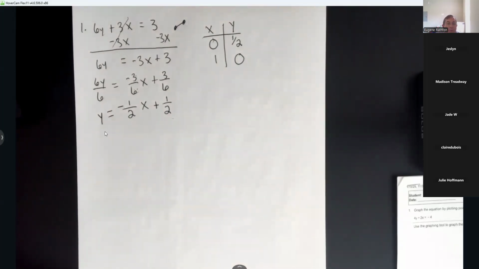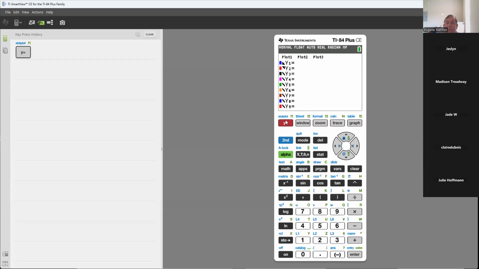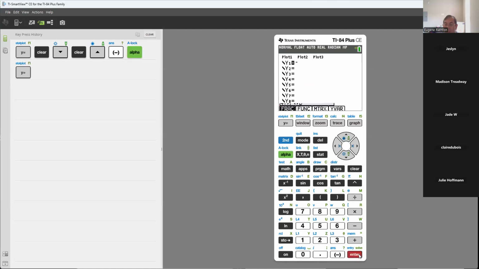Now, y'all, let me show you how to put that y equals negative 1/2 x plus 1/2 into your calculator, because you can do that to get your 2 points. So you would go to y equals, and let me clear everything off here. All right, and I had negative 1/2, so I'm gonna make that look like a fraction by hitting alpha, y equals, and enter.